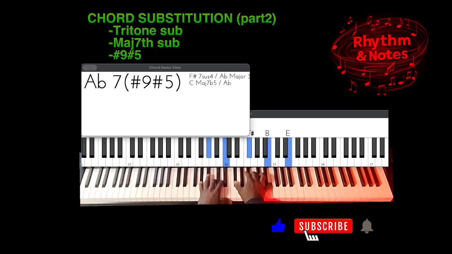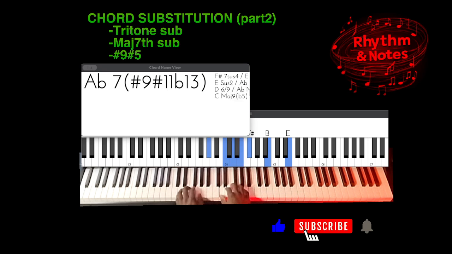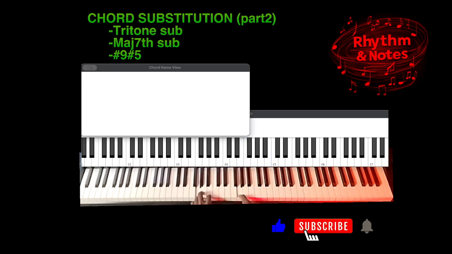Right? And then we're saying, what is your major? So now we're going to do a major 7 substitution in the key of C. All right. So this is your 5. So major 7th of your G is gonna be G flat.